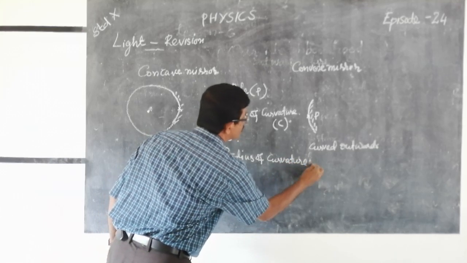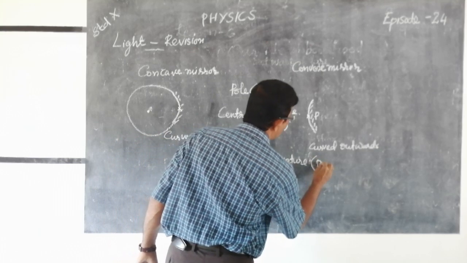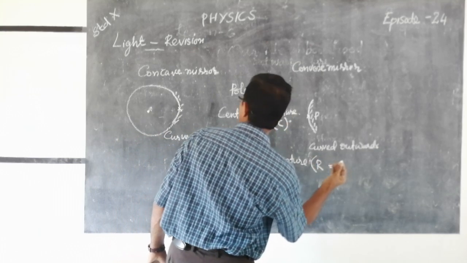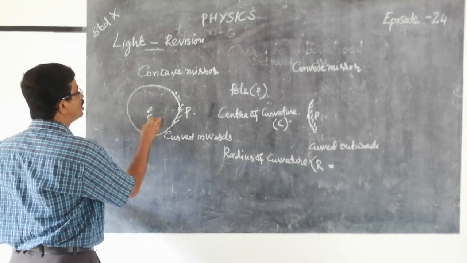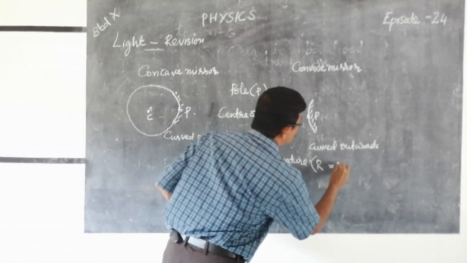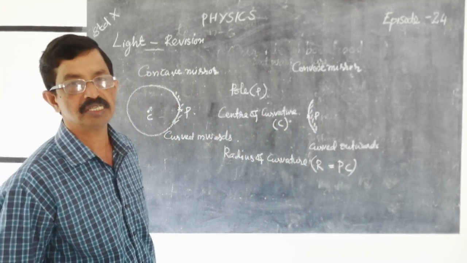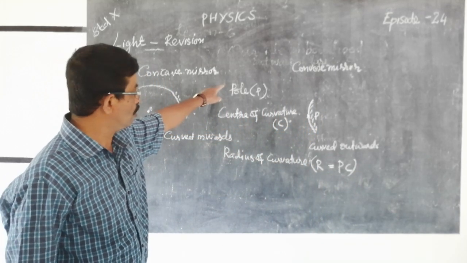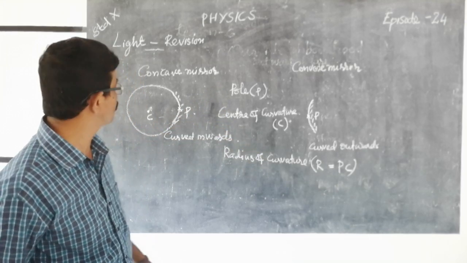Radius of curvature. That means radius of curvature R, or this point is P and this is C, P, C. Radius of curvature. First one, pole, second one, center of curvature, and third one, radius of curvature.